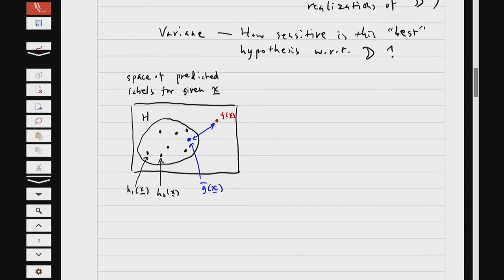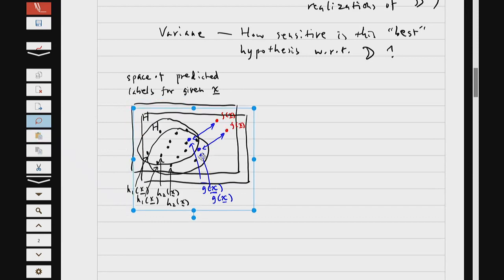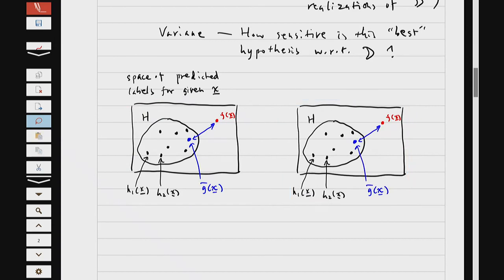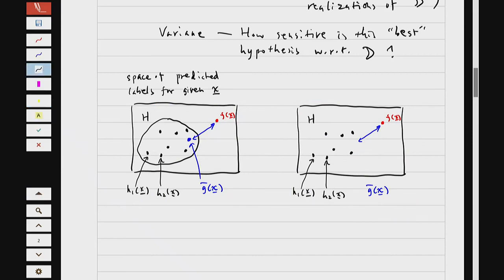Now, if I do the same thing for a larger hypothesis set, what would that look like? If I have a larger hypothesis set that maybe even includes f of x, I'm going to have more hypotheses around.